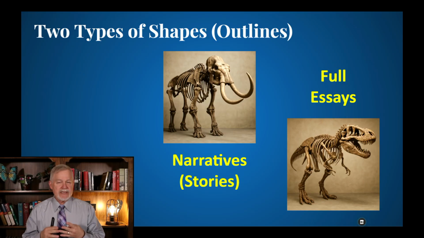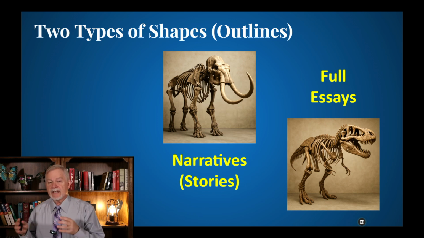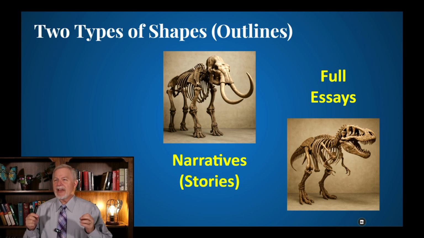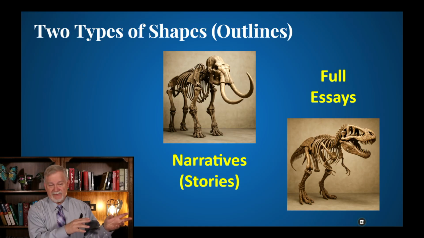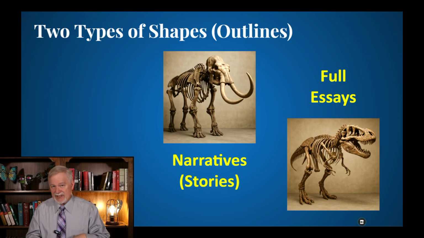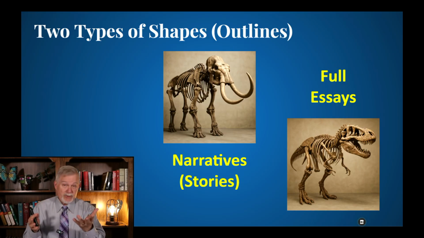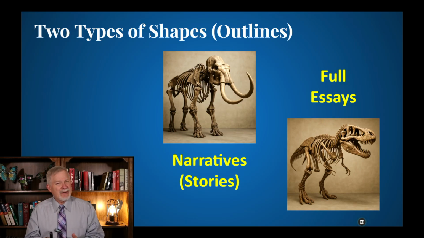Or it might be argumentative. There are lots of different full essay types, but they all follow a very similar skeleton, and we're going to deal with that in our next set of videos. But today's videos are going to be narratives. How do you put together the skeleton for a narrative paper?